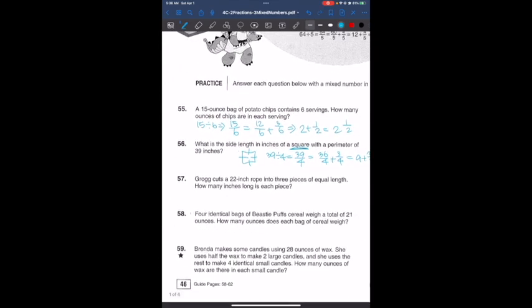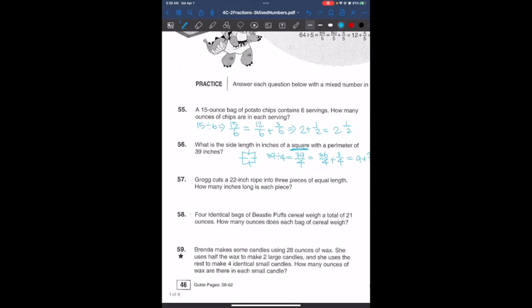And the next problem, Grog cuts a 22-inch rope into 3 pieces of equal length. So we're doing 22 divided by 3 to find out how many inches long each piece is. And 22 divided by 3 can be written as 22 over 3.